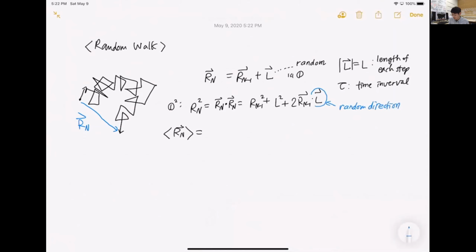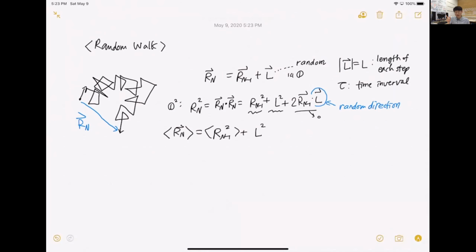By averaging out this random direction, the dot product turns out to be 0. So this R squared will keep this term and this term, while this term goes to 0 after the mean value. So that is Rn minus 1 squared plus L squared, where L squared is a constant. So this is just length L squared plus 0.